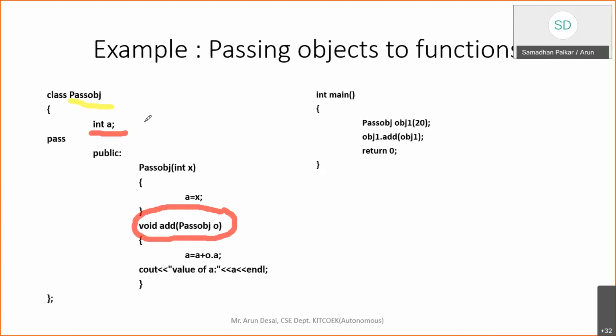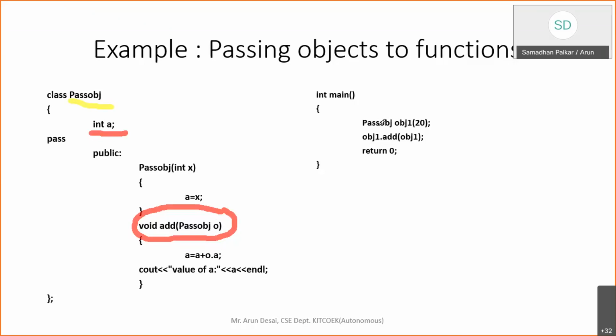All right. So what I'm going to do with this function is pass an object and add it into this object, which is of the same class. So it is simply addition. If you pass it as a parameter, then we need to consider the member of that object as well: a plus the data member of this object is going to be added here.